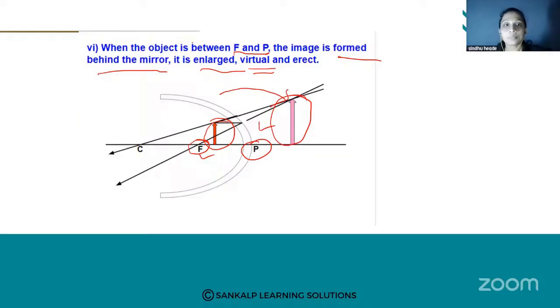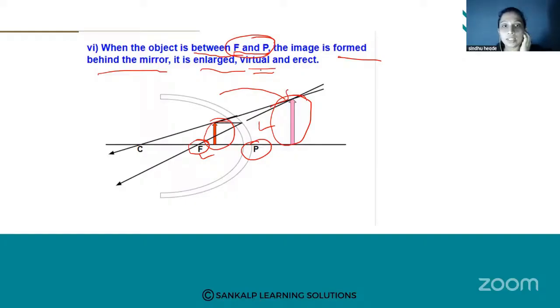Okay, concentrate on it. When is a virtual image formed? When the object is placed in between F and P. When the object is in between F and P, the image is formed beyond the screen. And what are the characteristics of that image?